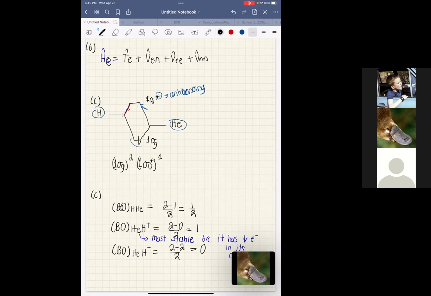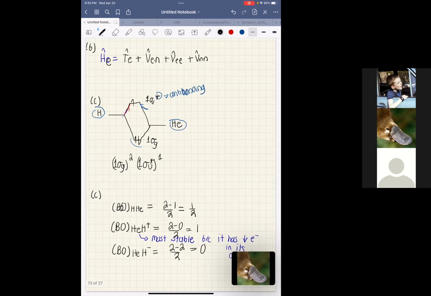Just talk about the molecule itself. Okay. So when it's two electrons, there will be two arrows at the bottom. Okay, I got that. For helium hydride plus, okay, and let me just erase that. And if it's four electrons, then it'll be four arrows. Yeah, exactly. Okay. So what about D?